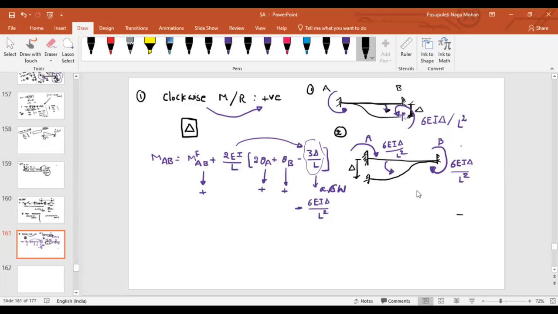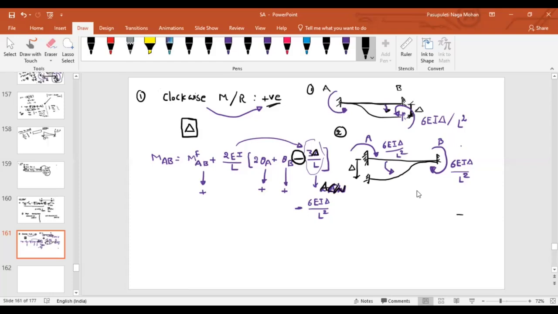What is our question actually? If it is clockwise, we are already considering it as positive. But if you see in the equation, there is a minus mounted here. That means, if we are talking about delta, this moment represents the anti-clockwise direction.